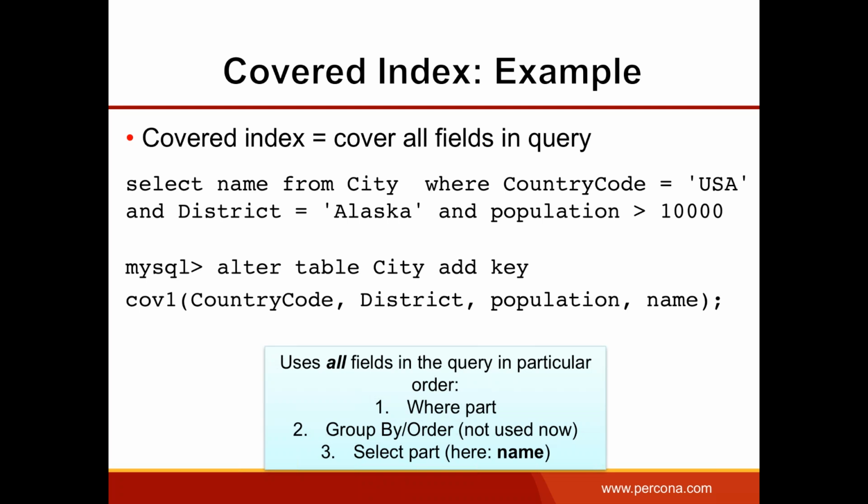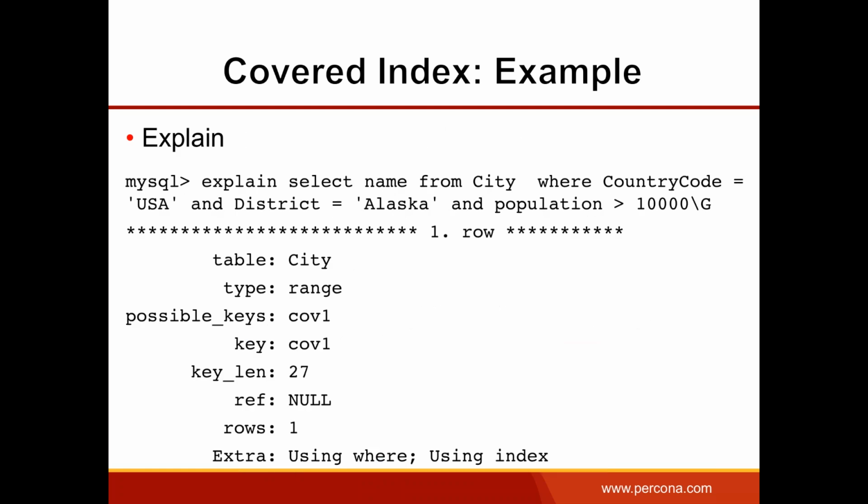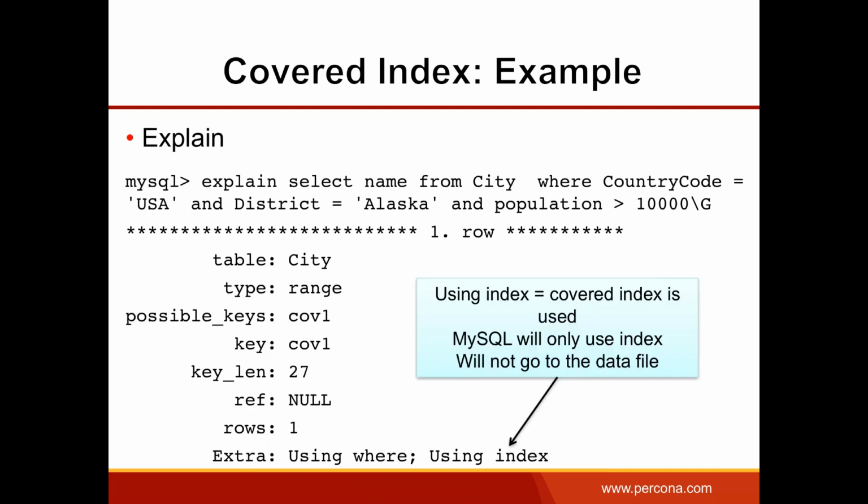Here we add name. Now how do we know that MySQL will use the covered key, and what does it mean? We can do, again, explain output. And here's what's different here. We see using index.